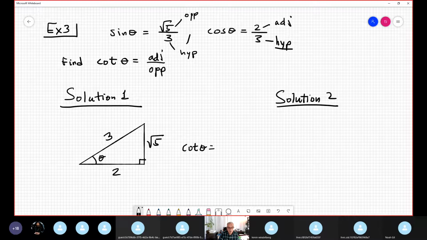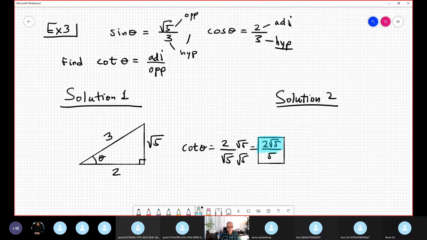For cotangent theta, the adjacent is 2 and the opposite is radical 5. Never leave it like that; you rationalize. Multiply by radical 5. The answer is 2 radical 5 divided by 5, because radical 5 times radical 5 is 5. And this is the final answer. Do you follow me? Yes, Professor.